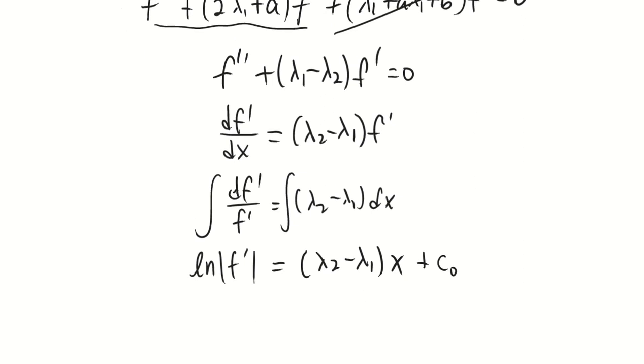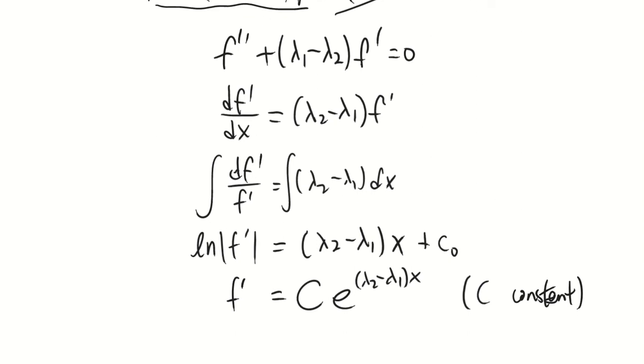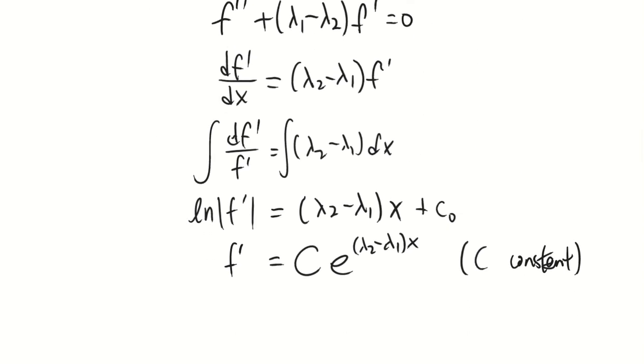Well, taking the exponential on both sides, we get f prime equals a constant times e to the lambda 2 minus lambda 1 x, where c can be any real number, right? Well, c is a constant. It can be any constant because in this case, if we omit the absolute value, we can allow negative numbers to appear. So this is f prime.